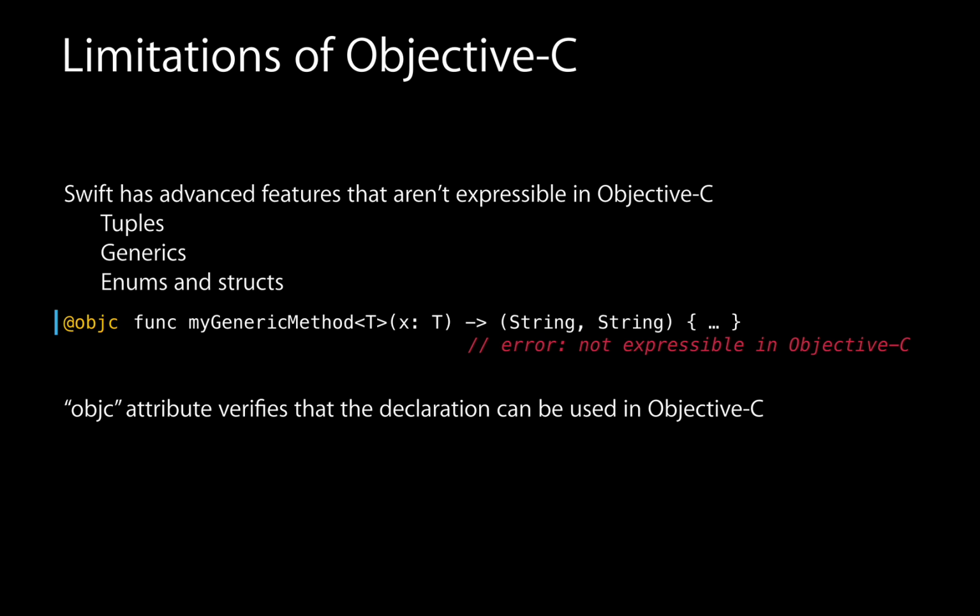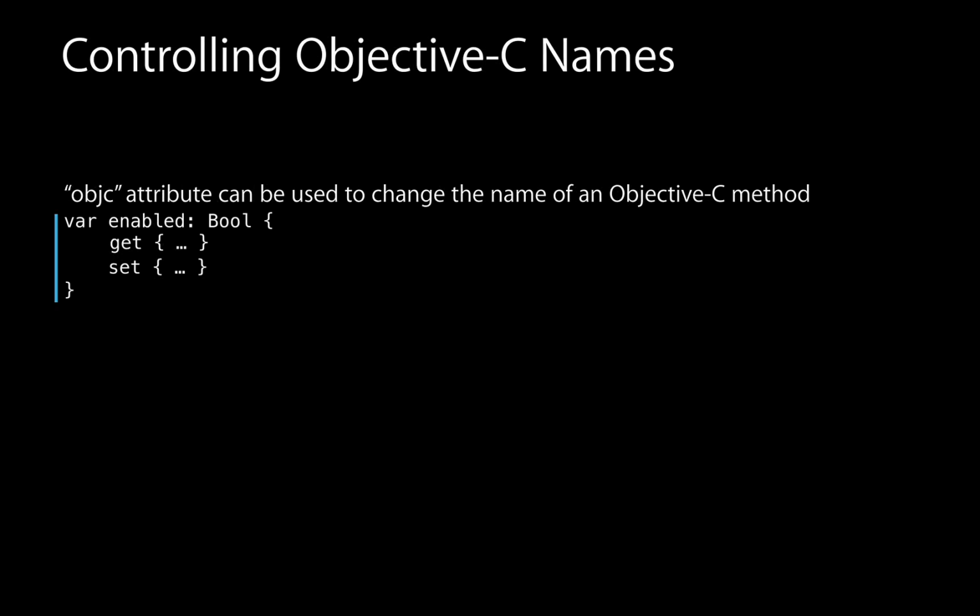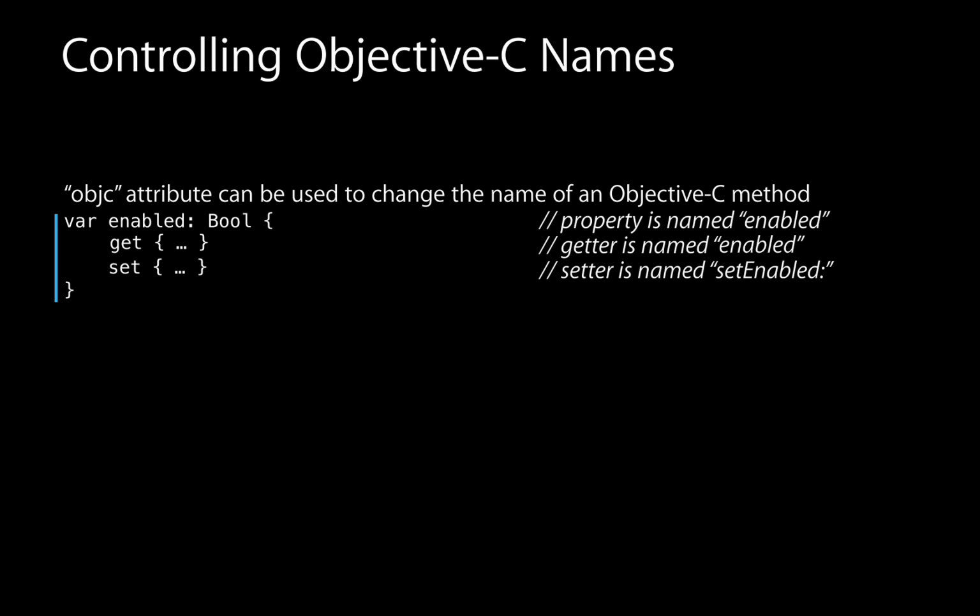Now, the @objc attribute actually has a second purpose, and that's controlling the names that you see in the Objective-C side of things. So here's a property enabled. It has a getter. It has a setter. In Objective-C, this is going to come through as a property named enabled, a getter named enabled, and a setter named setEnabled:.